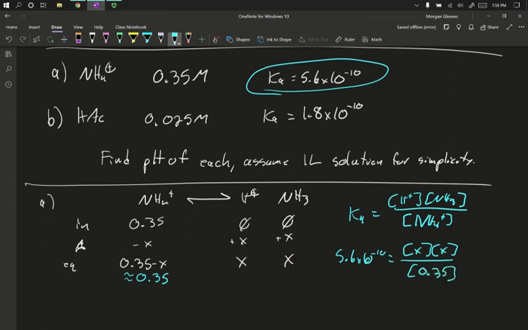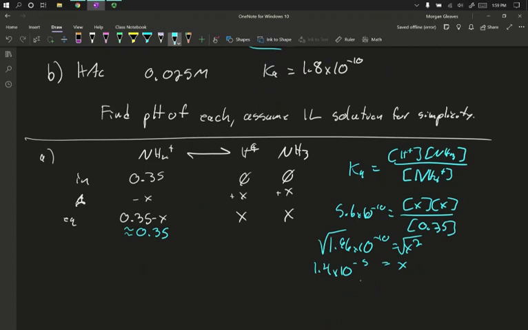Multiply our 0.35 up, so 5.6 times 10 to the minus 10 times 0.35: 1.96 times 10 to the minus 10 equals X squared. Take the square root of both sides. X should equal 1.4 times 10 to the minus 5.